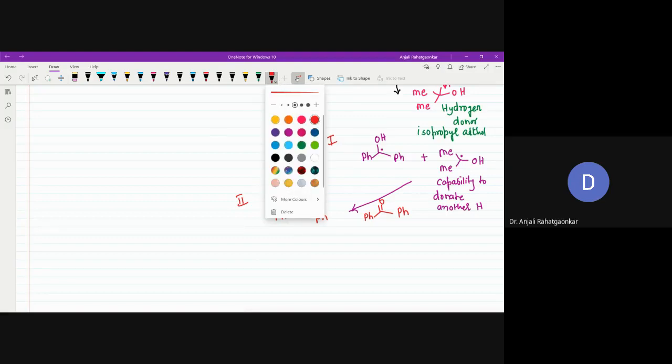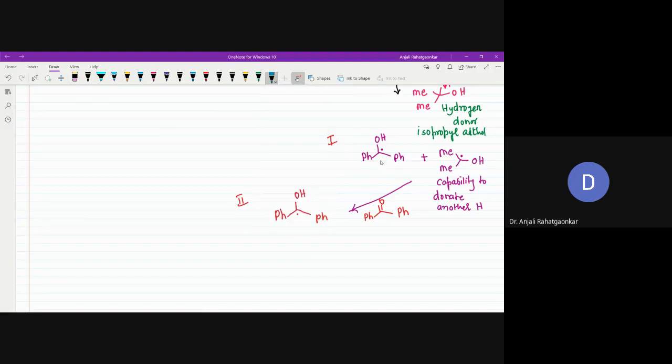So this is my first molecule, which is generated in the first attack, and this is my second species, which is generated in the second attack. Both are the same, but they are formed in different stages or different steps. So that's why I have labeled them as A and B. So two radicals are formed.